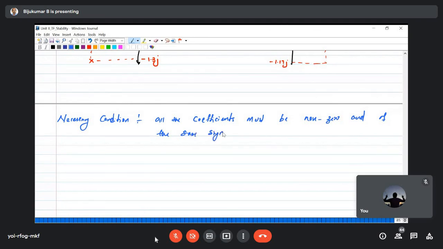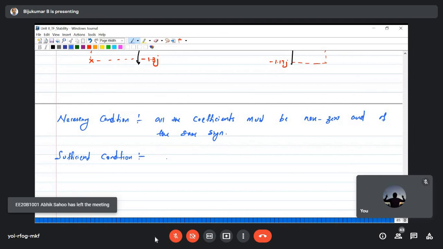Okay, this is the necessary condition. But for order greater than or equal to 3, this necessary condition alone is insufficient to judge the stability, so we need a sufficient condition.